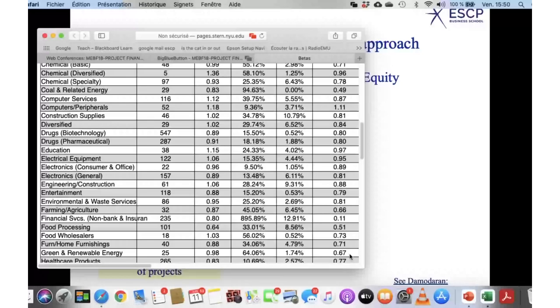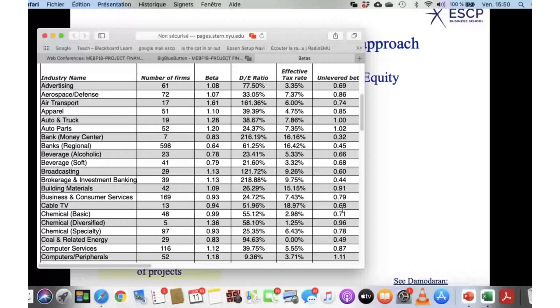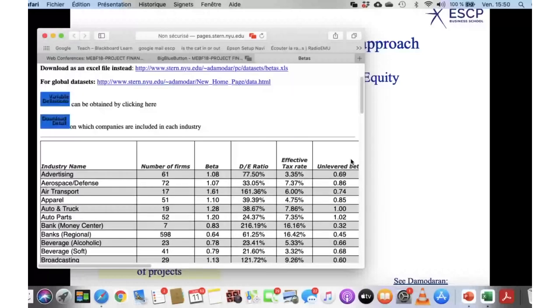That is what we call the unlevered beta: the beta we have if we cancel out the impact of the financial leverage on the risk. That's why, for any type of industry, the equity beta is higher than the unlevered beta, because the equity beta is increased by the impact of the leverage on the risk.